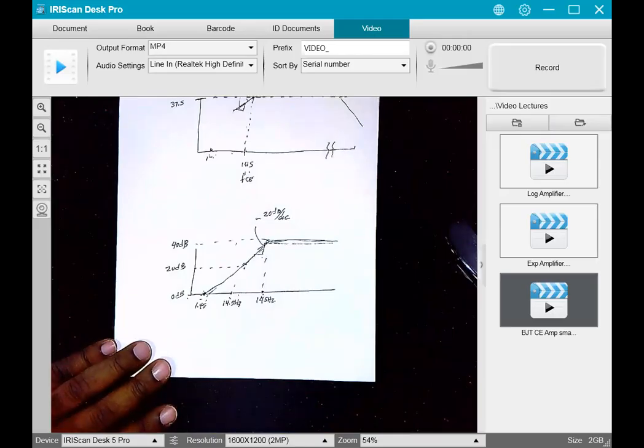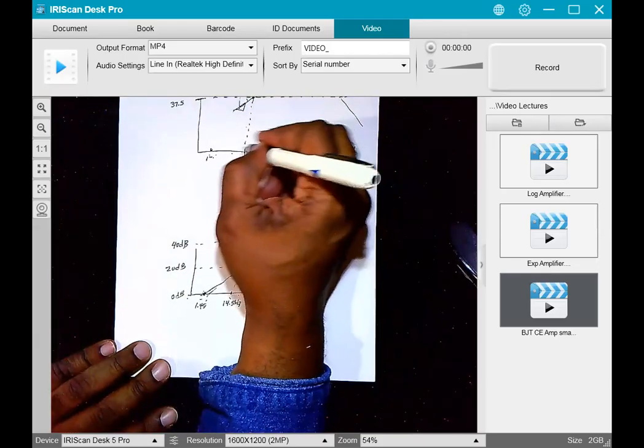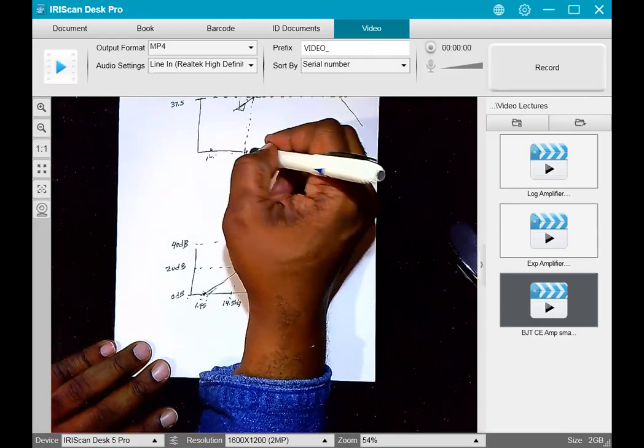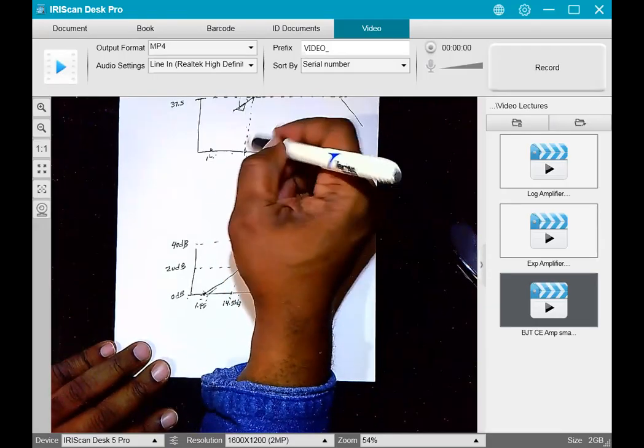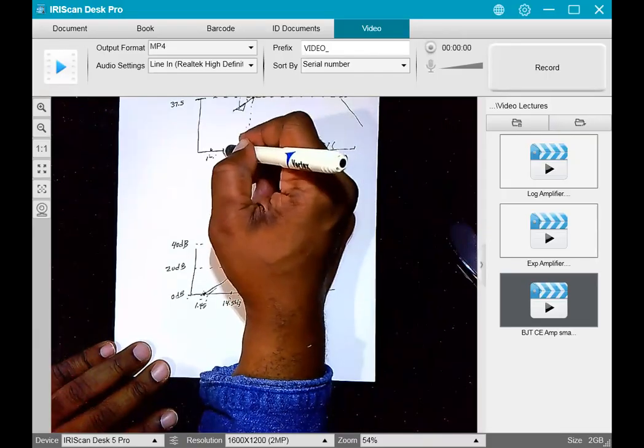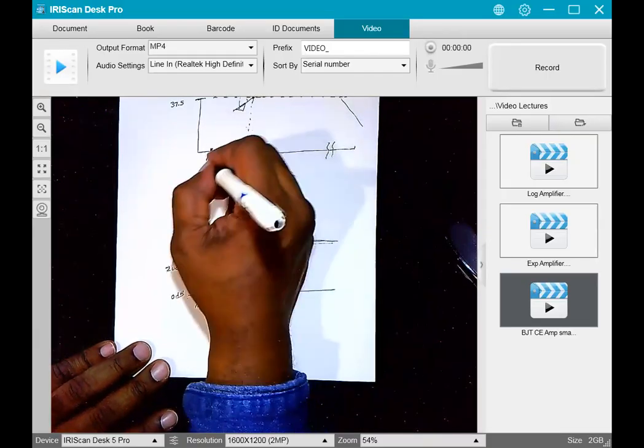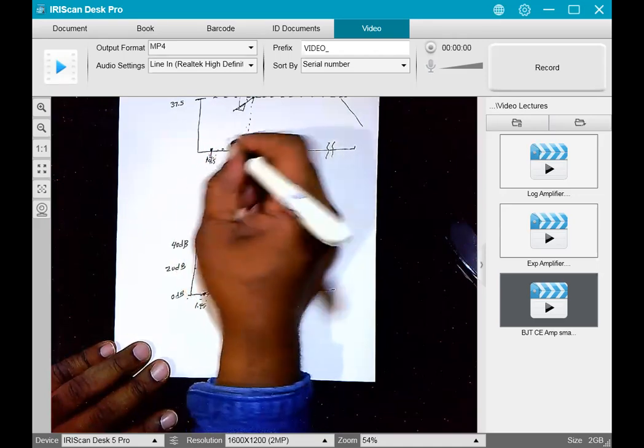Our next pole in frequency is at 21.23 hertz. So if we went down 1 decade from 145, we'd be at 14.5. This would be 14.5.